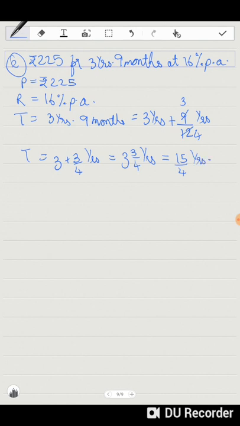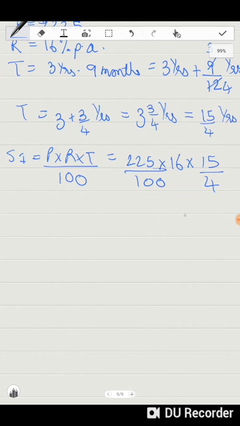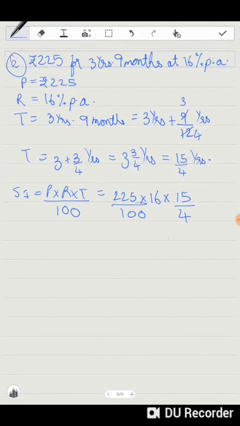Are you with me? Hence, my simple interest being principal into rate into time upon 100, principal being 225 rupees into rate being 16 into time 15 upon 4 divided by 100. So 4 ones are 4, 4 fours are 16, 4 25s are 100 and 25 nines are 225.